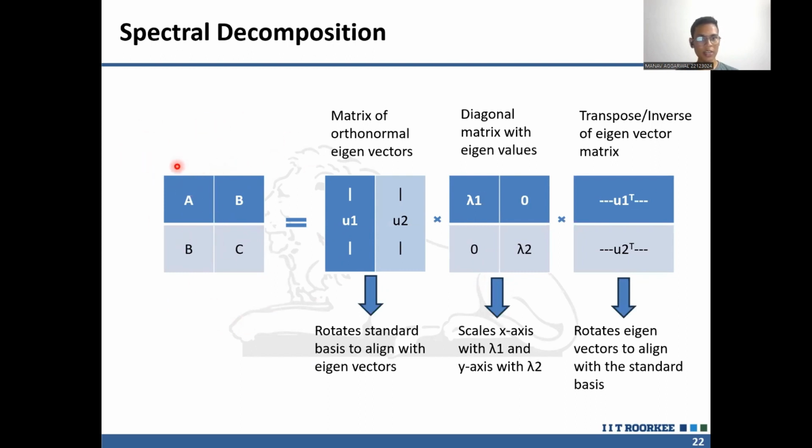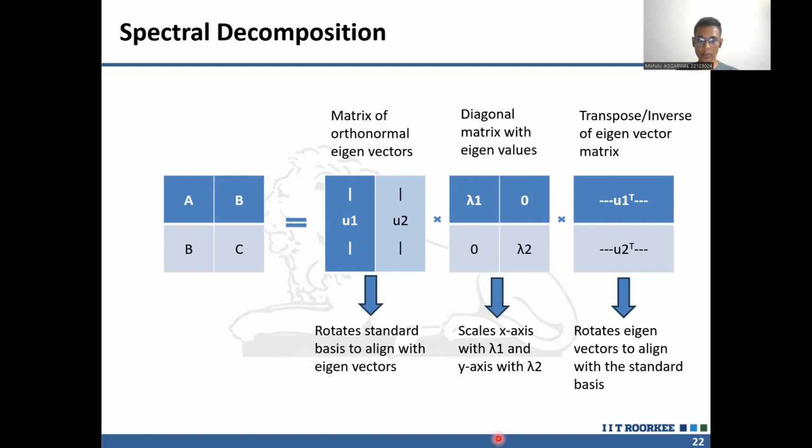Let's talk about a symmetric matrix with A and C as its diagonal elements, while the B elements are the same off the diagonal. Let's look at its three breakdowns. Here is the Q matrix which we had seen. This is nothing but a matrix with the eigenvectors as column vectors, forming an orthonormal matrix.